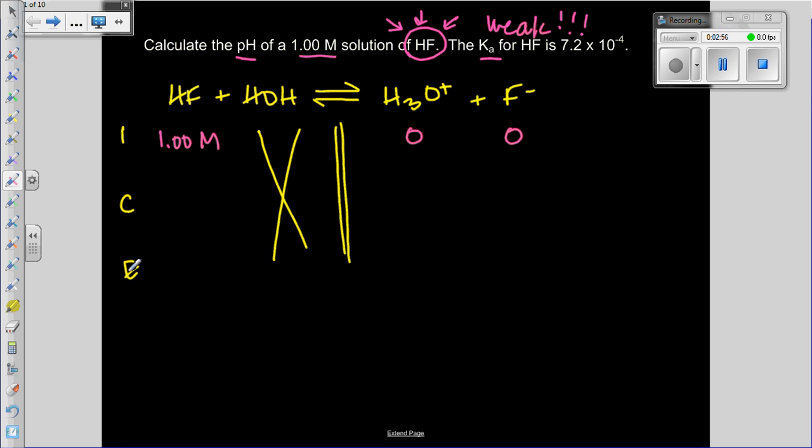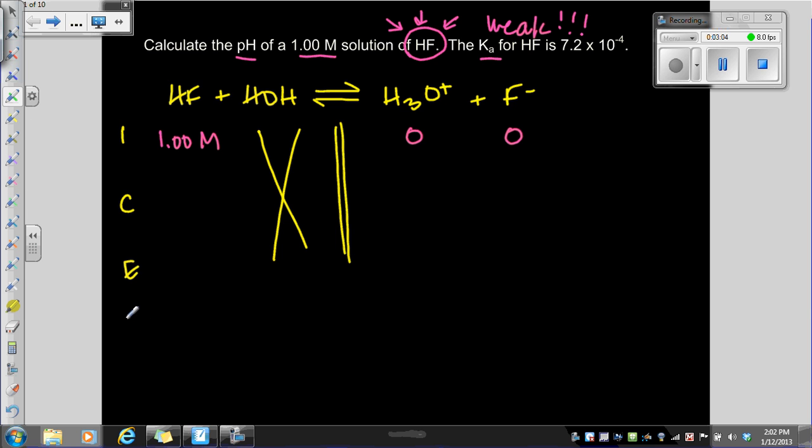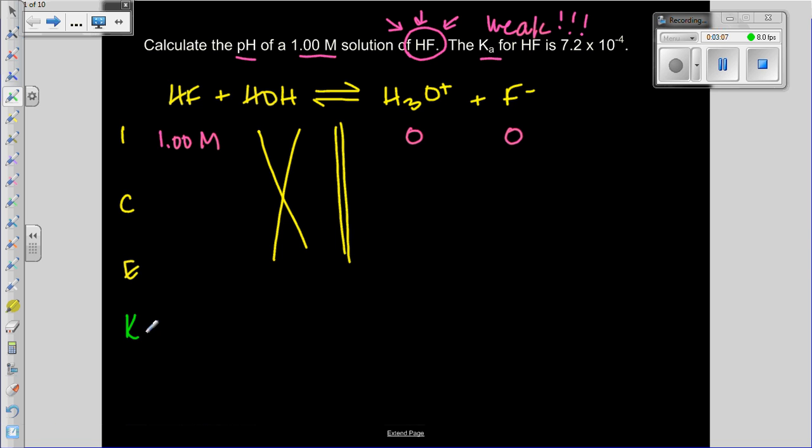Okay, what we do next is we've been given a Ka, which is like being given our equilibrium constant, so we can write an expression. Wait, I want to go back and write this the way that you do it on the AP exam.